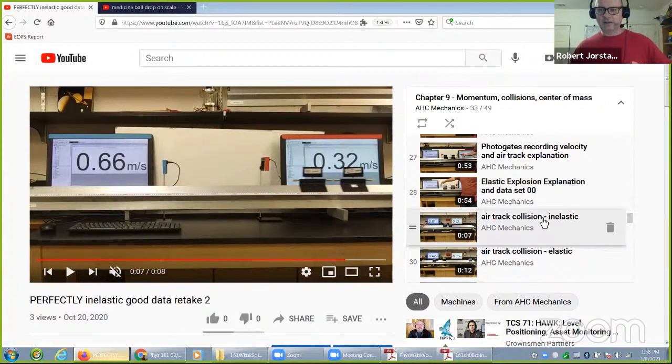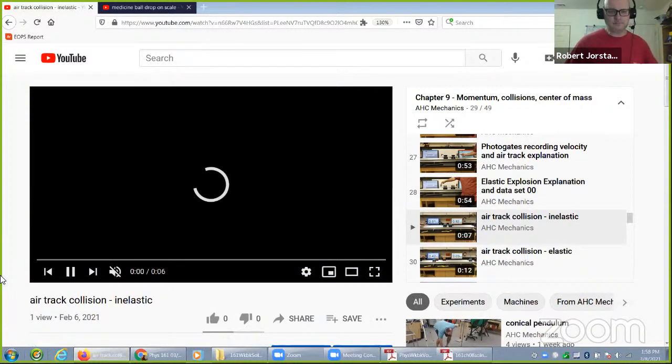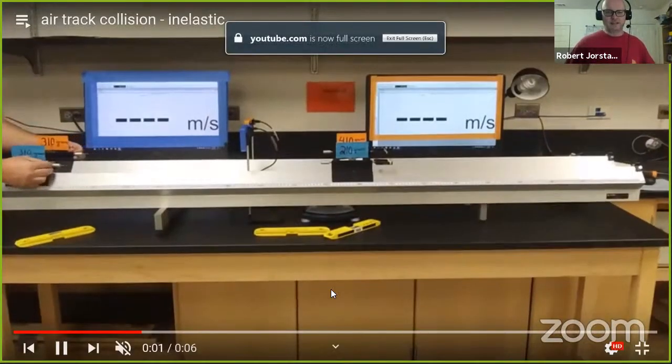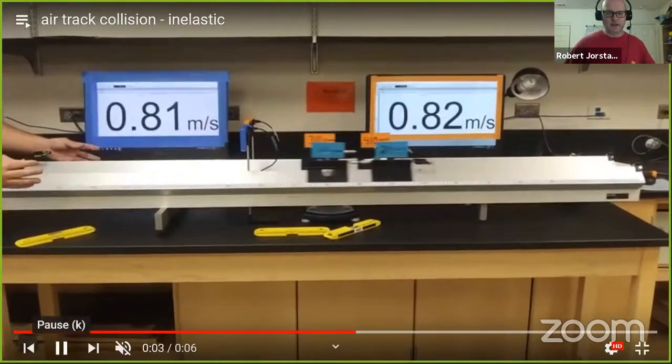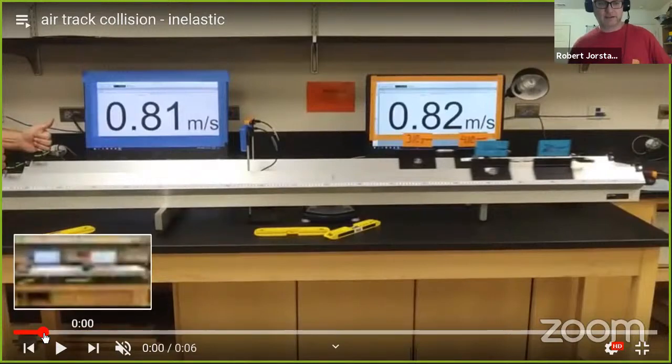Let's just run a collision and see what these look like. The idea is I have two different carts there. And after this collision, we see that these two photo gates are recording the initial velocity just before impact.